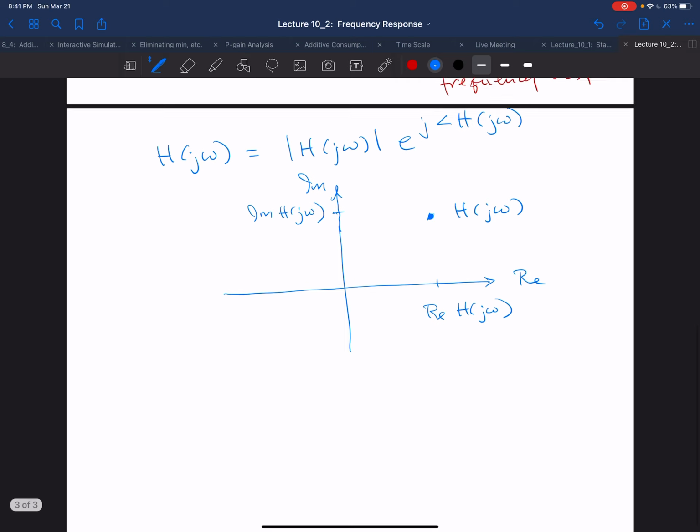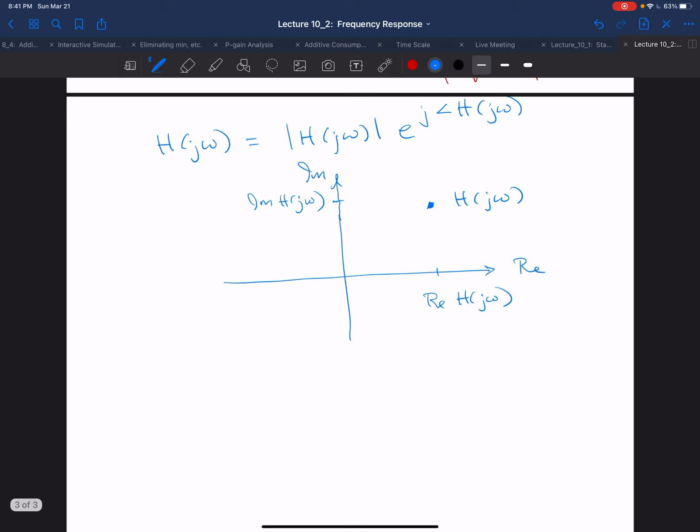When we're doing multiplication, it can be much more convenient to write h of j omega in this form, in terms of its modulus and its angle. Now graphically, its modulus is just the distance from the origin to the point h of j omega on the complex plane. And its angle is this angle here, the angle of h of j omega.